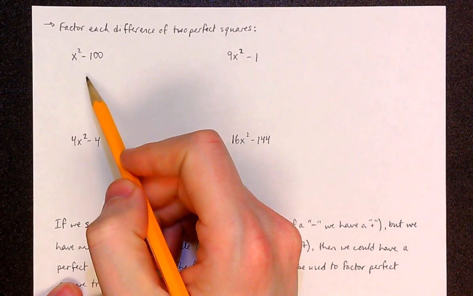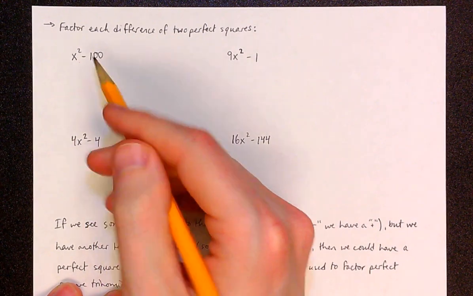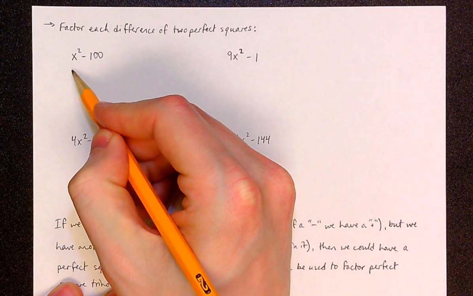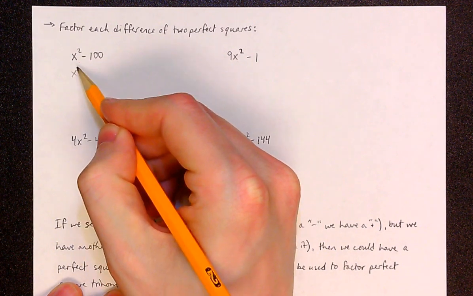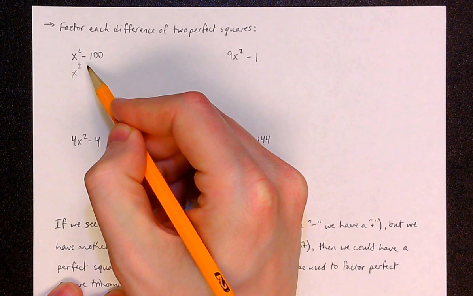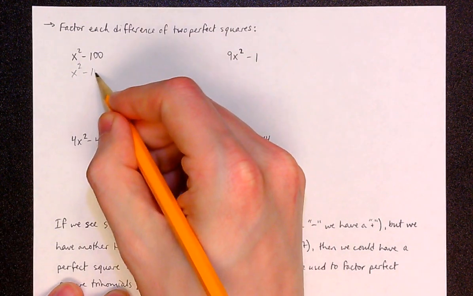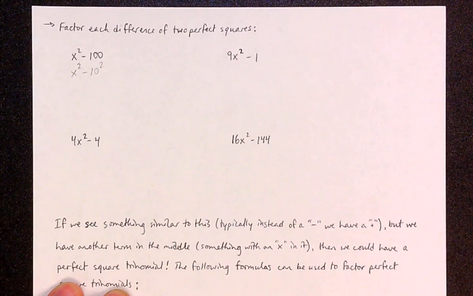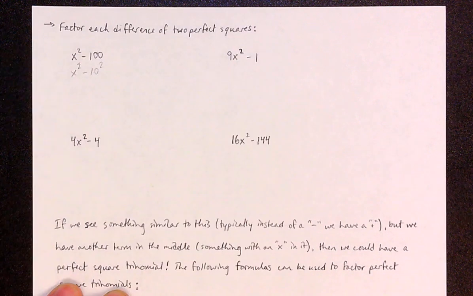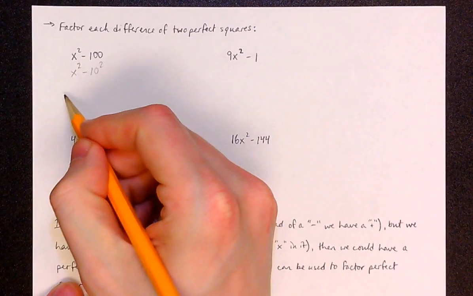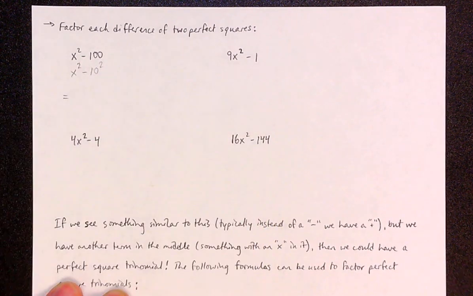Here I have x squared minus 100. Well, clearly the x squared is just x squared, and 100 is a perfect square as well. 100 is 10 squared. So what we're going to do is write this as the product of two things.